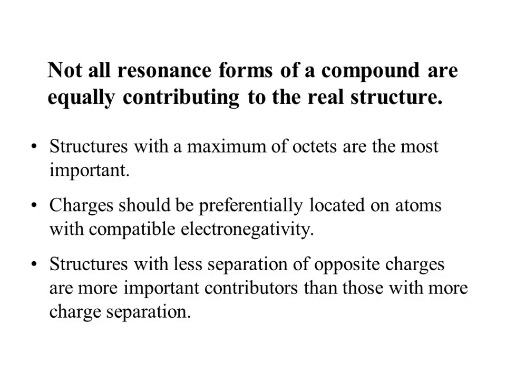So when we're looking for the correct Lewis structure, this is kind of a checklist. You want atoms to have a complete octet. You want nonmetals to be partially negative.